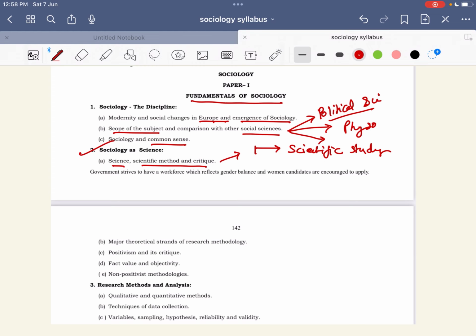So they are of the view that there should be scientific study, like in general science, they conduct the experiment, they establish the procedure.